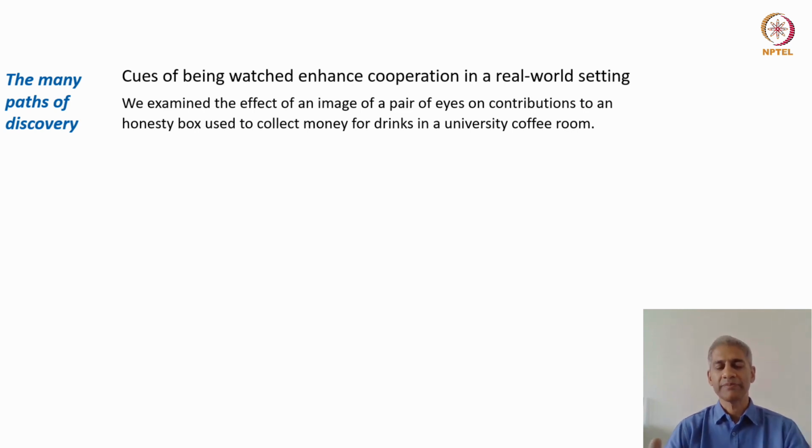So if you imagine a coffee station which is unmanned and you have unlimited coffee, but you are expected to pay a little bit of money every time you get a coffee from there because it's like a common resource for everybody. So how can you nudge people to give a fair contribution every time they drink coffee?